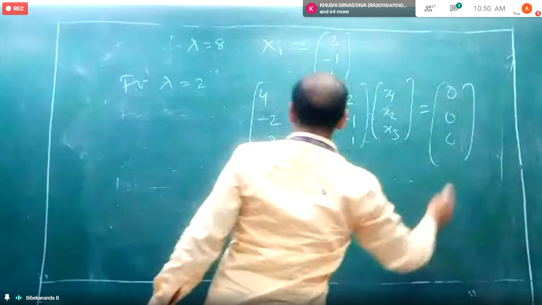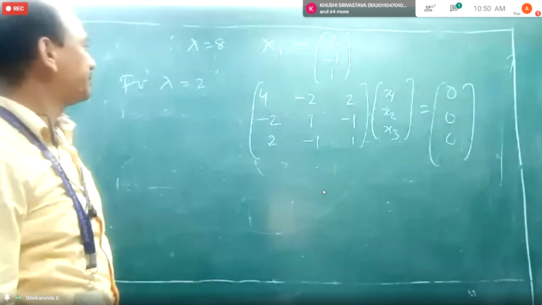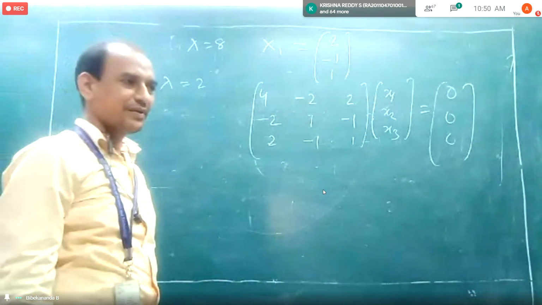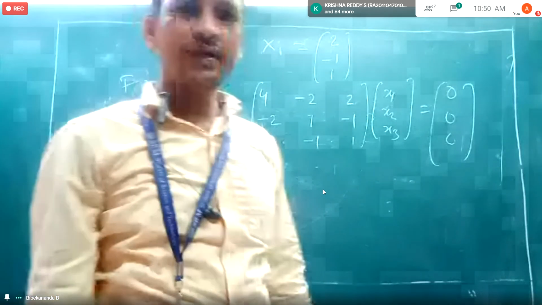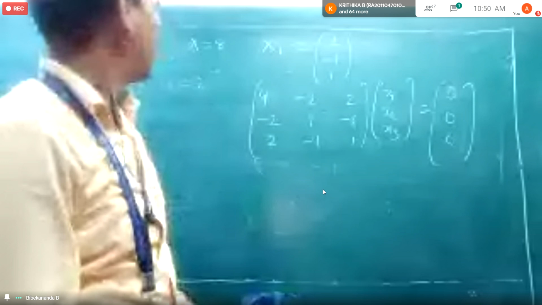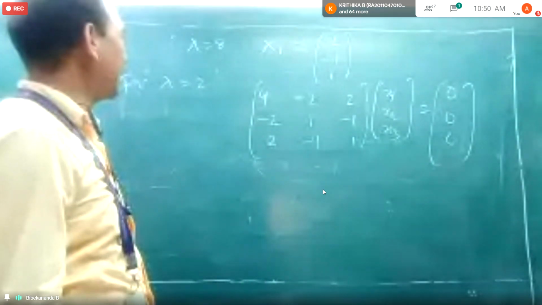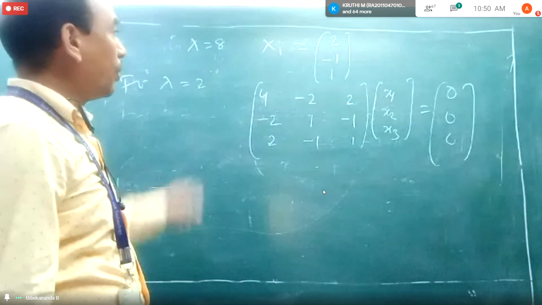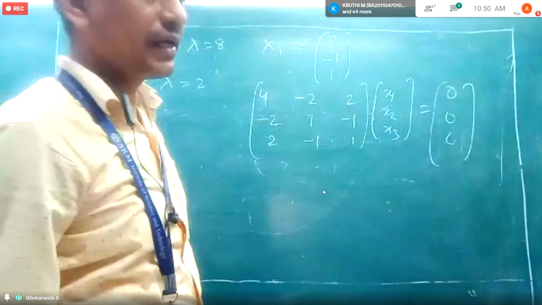Now tell me, are any of the rows identical? Sorry, first and third row. All rows are identical.